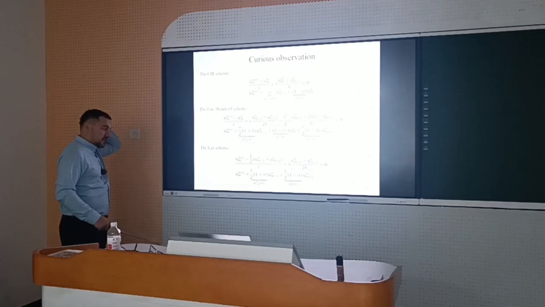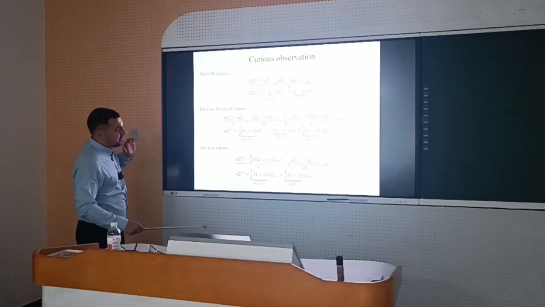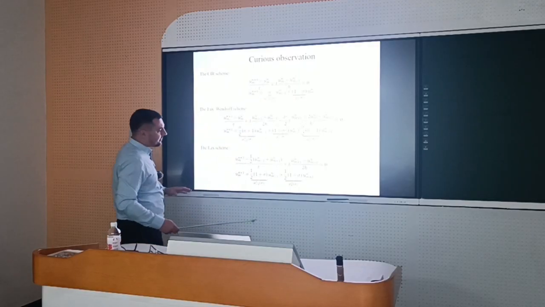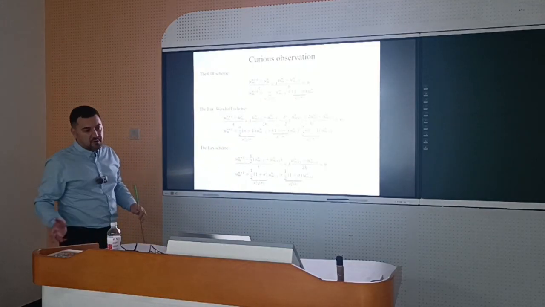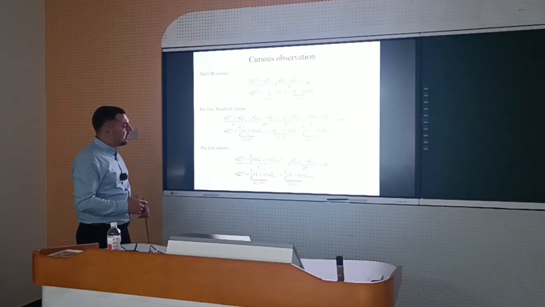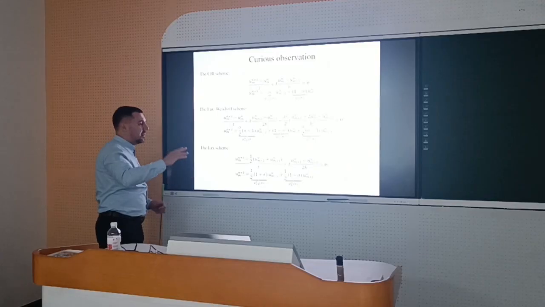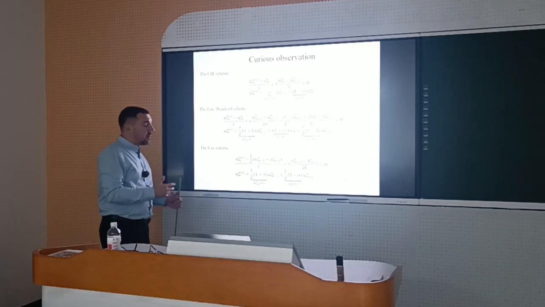And the idea is: is it possible to consider a grid stencil that is common for all these numerical schemes and try to build all possible numerical schemes for the linear advection equation that will contain Courant-Isaacson-Rees, Lax-Wendroff, Lax scheme, and other schemes? How to do that?